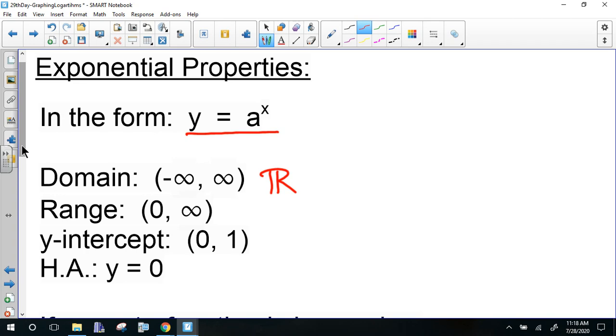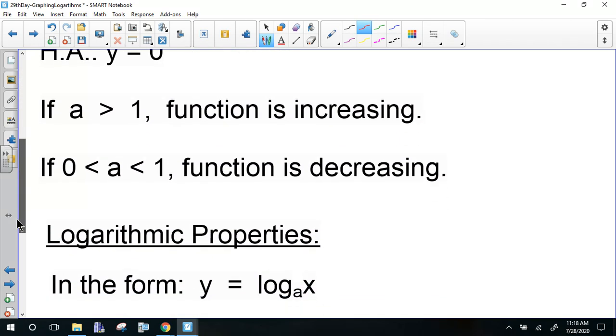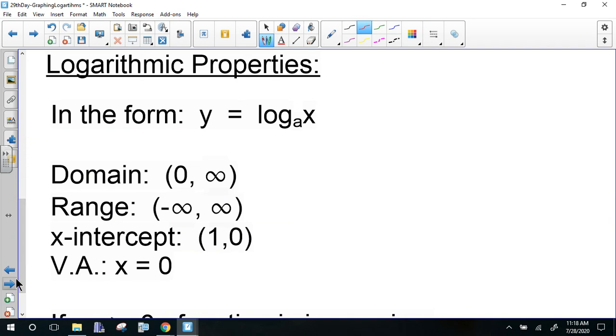So when we have the inverse of exponential, the log properties are sort of the opposite. Here's the format for the log function. The domain is going to be what was the range of the exponents, 0 to infinity. The range for a logarithmic function is going to be what it was for the domain of an exponential function, so all real numbers. We're now going to have an x-intercept, not a y-intercept, of 1, 0.